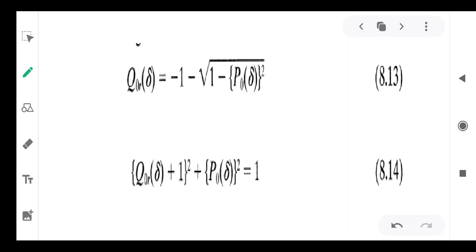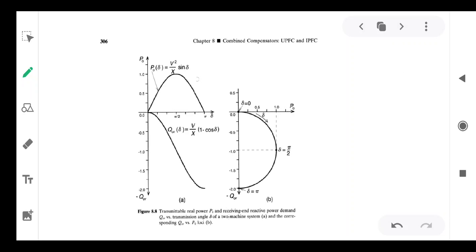This is the relation between reactive power Q and P naught. The required reactive power can be varied, and P naught is the basic active power of the system. P naught is V square by X into sin delta without any compensation. Q is equal to V square by X into 1 minus cos delta. So this is the relation between P and Q.